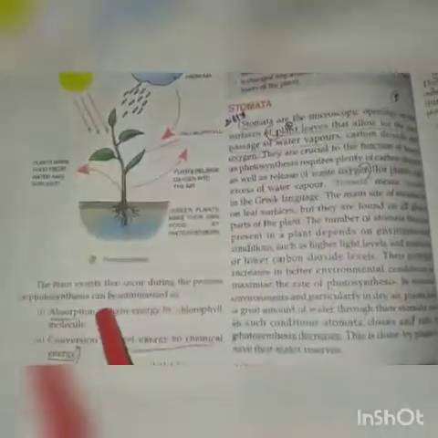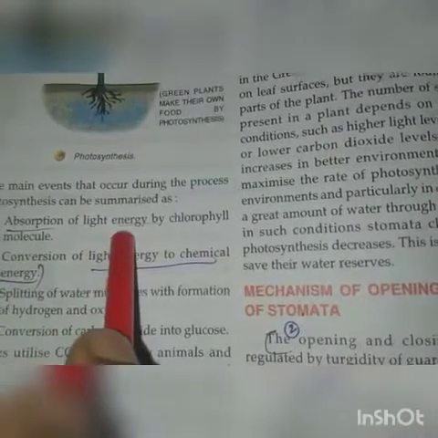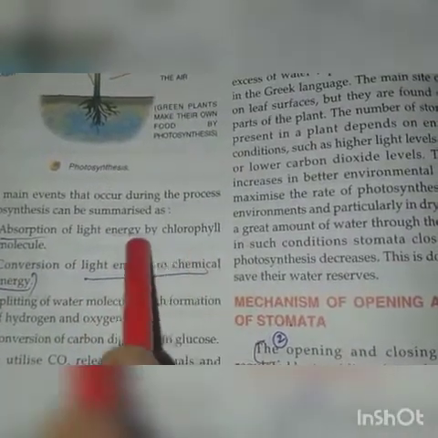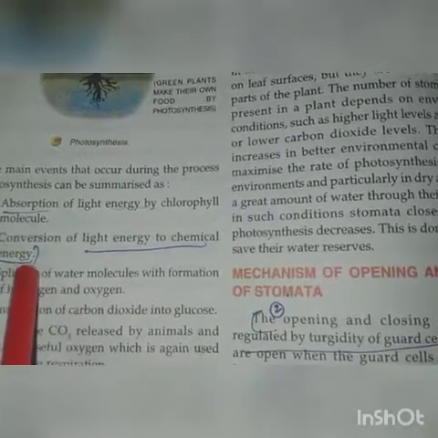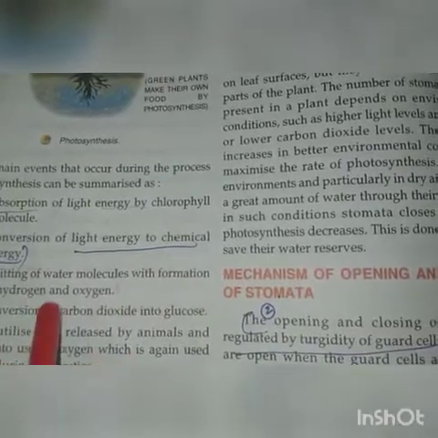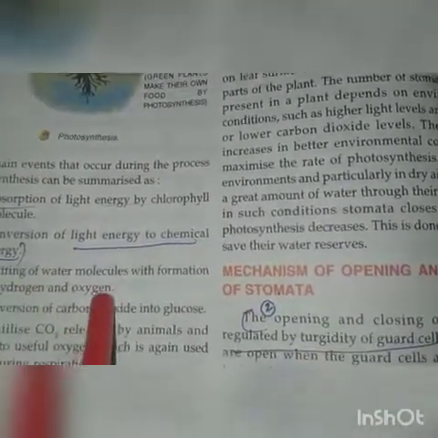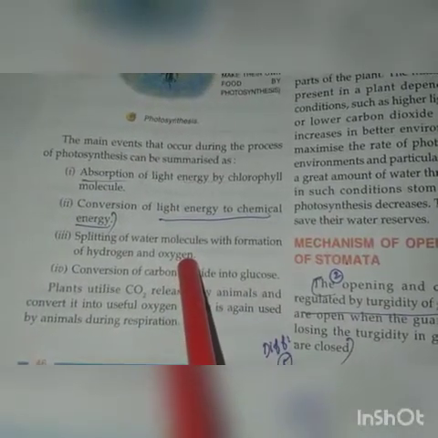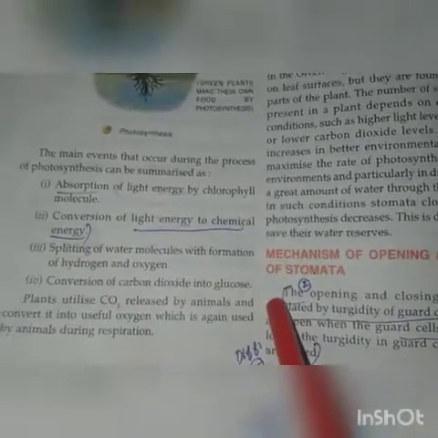So the main events that occur during the process of photosynthesis can be summarized as: absorption of light energy by the chlorophyll molecule, conversion of light energy to chemical energy, splitting of water molecules with formation of hydrogen and oxygen, and conversion of carbon dioxide into glucose.